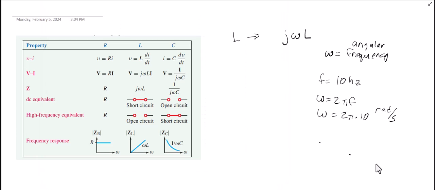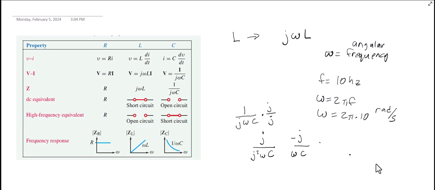And when you take the capacitance, it becomes 1 over j omega c. That is the official transformation, but usually we write it another way, because if I multiply this by j over j, then the numerator becomes j, and the denominator would be j squared omega c, and j squared by definition is -1, so it's minus j over omega c.